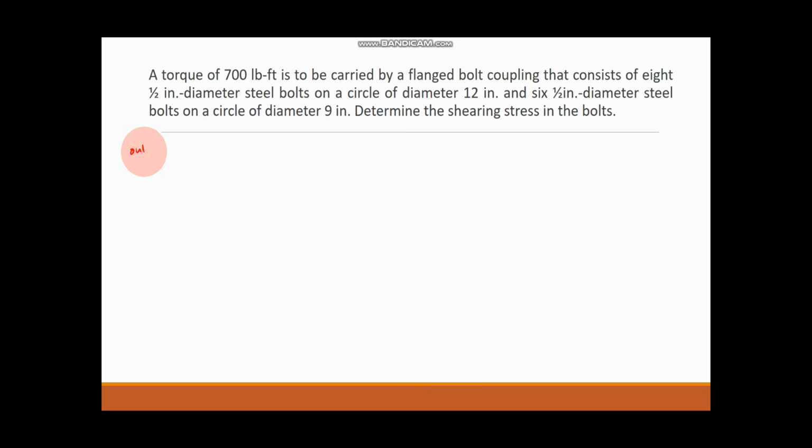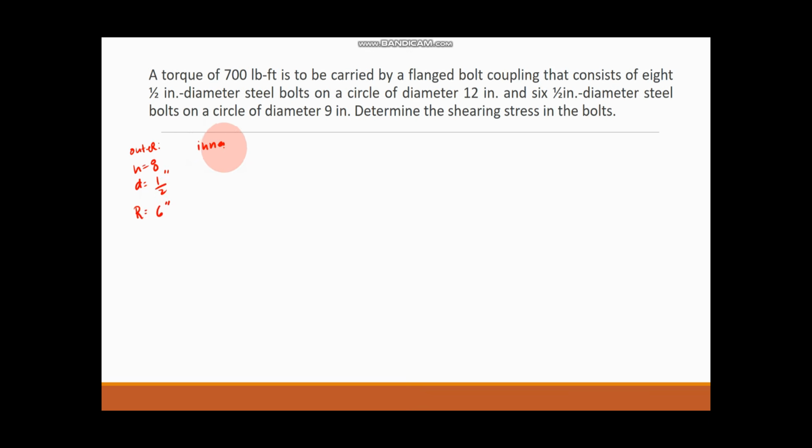So for the outer, we have 8 pieces, and the diameter is 1/2 inch diameter, and for the circle of bolt, it is 12 inches diameter, so it is equal to 6 inches in radius.